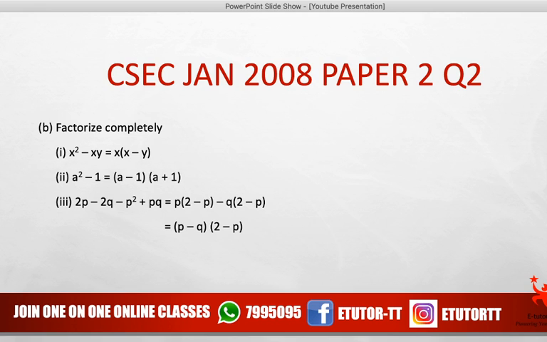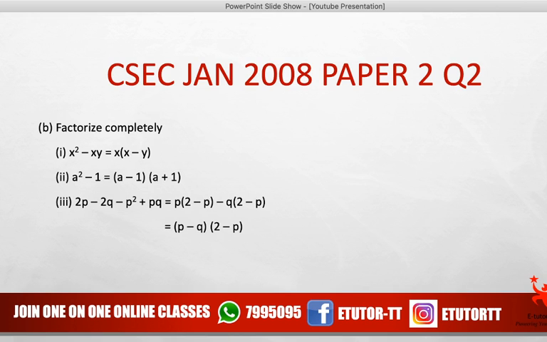Then negative 1 times a gives you negative a. And negative 1 times 1 gives you negative 1. And now when you solve all of that, you get a squared plus a minus a minus 1. And now you know negative a plus a is 0. So that's how we get a squared minus 1.